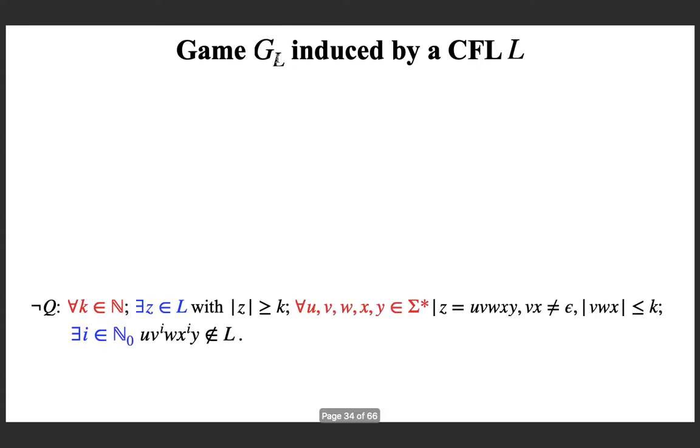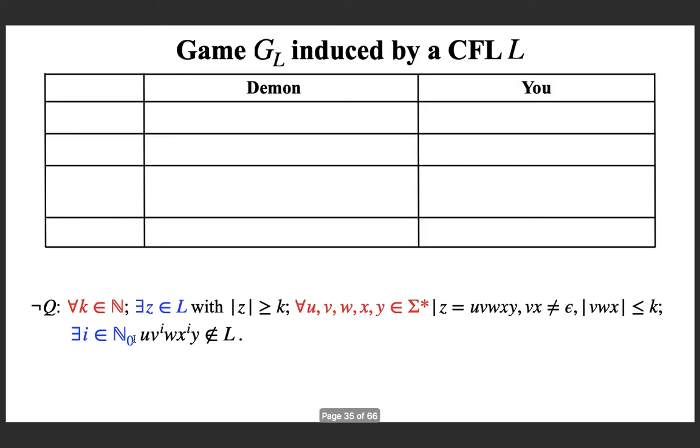So what I am telling is, given a context-free language L, there is a game induced by L. And what is this game? As defined by the negation of this Q, the for all parts need to be handled by the demon, and the there exists parts should be handled by you.